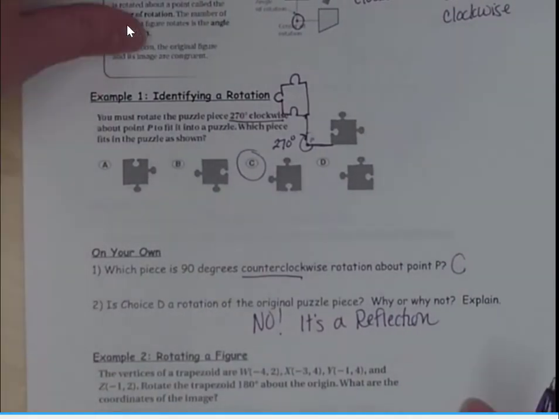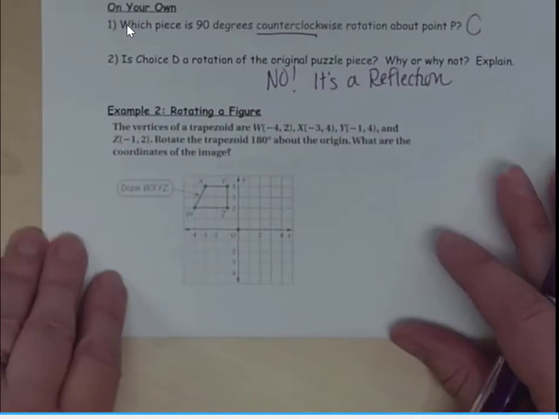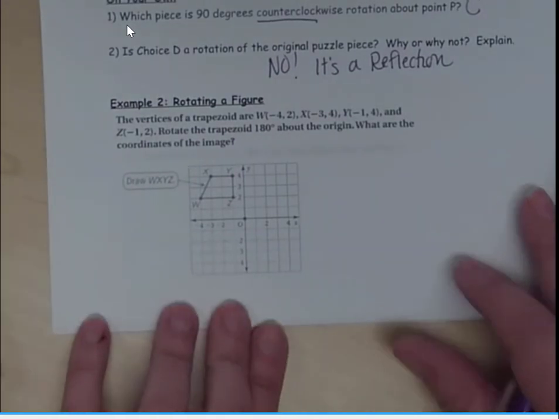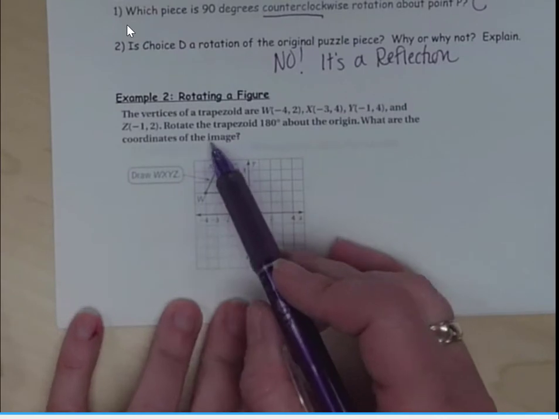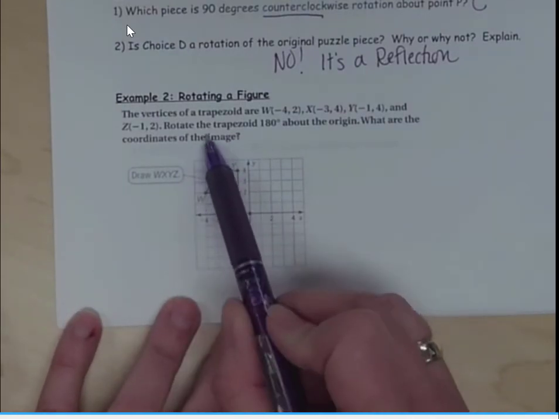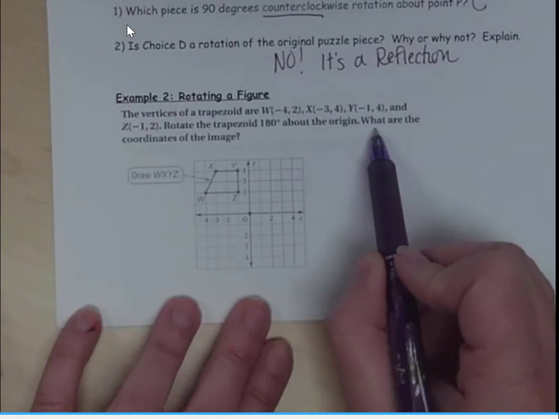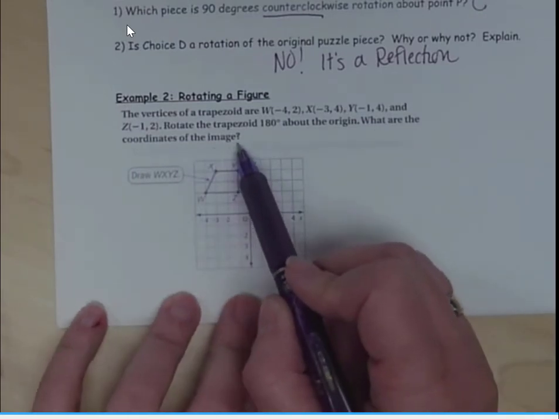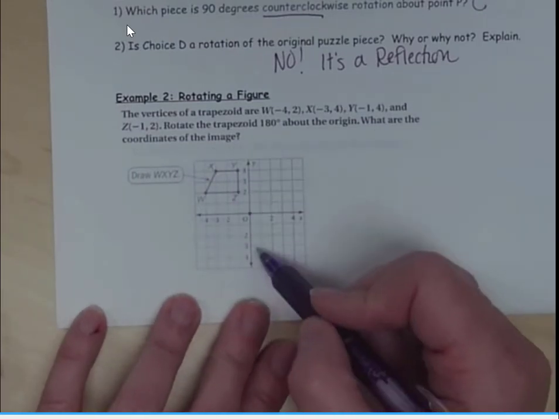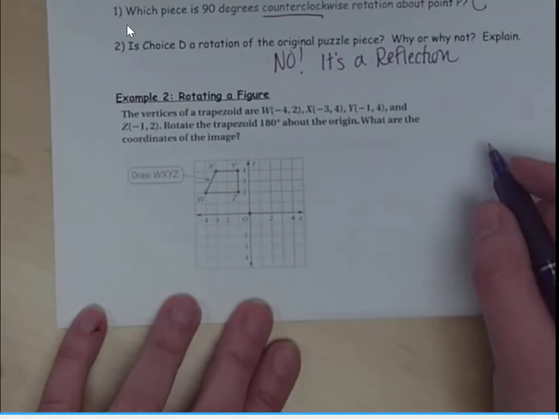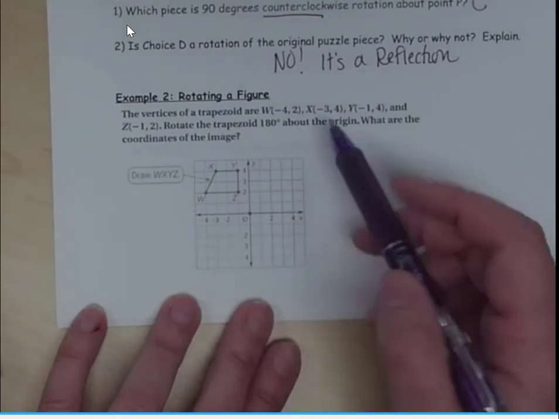All right, so let's take a look at example 2. It says the vertices of a trapezoid W, X, Y, and Z rotate, so now let's rotate the trapezoid 180 degrees about the origin. What are the coordinates of the image? We're always going to assume clockwise unless it states otherwise. So I want about the origin.